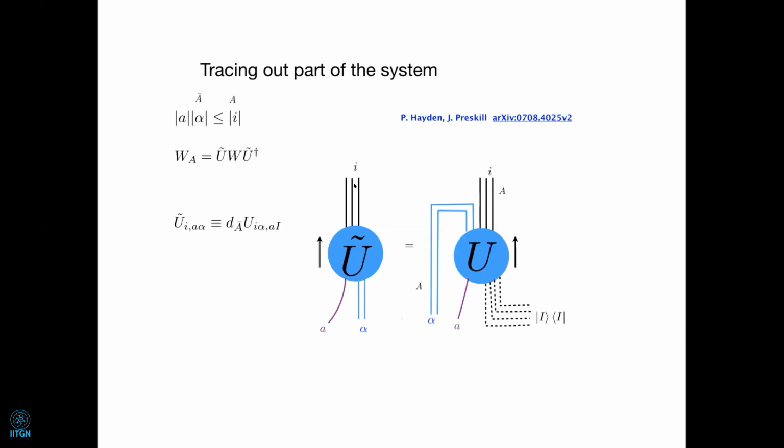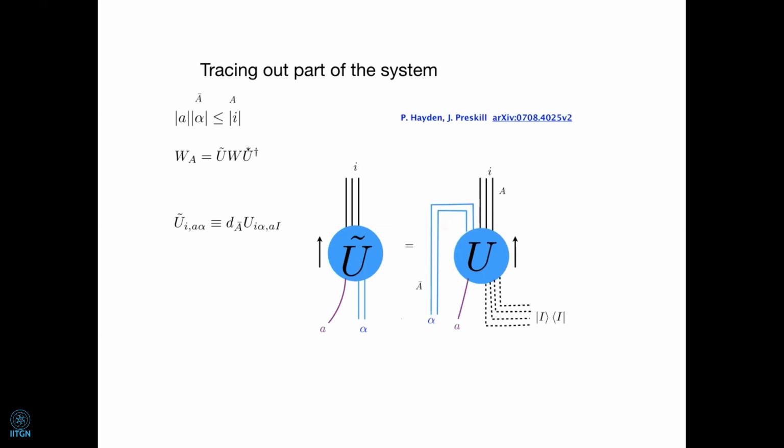And after all the smoke clears, you will see that the Petz map can still be written in a precursor form as U total dagger, W, U total. But this U total, first of all, is certainly not U. Imagine that W of A only acts on the A subsystem. So U total is a unitary operator on subsystem A, and it's not the same as U.